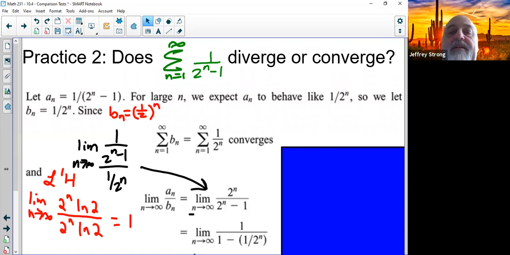So we're going to take the limit. This is the series in question: 1 over 2 to the n minus 1, and we're going to compare it to 1/2 to the n. You can put the 1/2 in parentheses if you want.